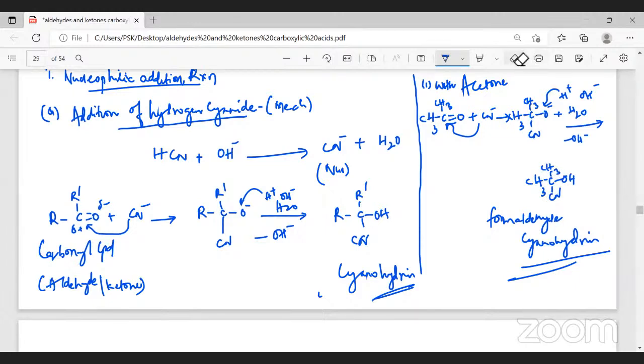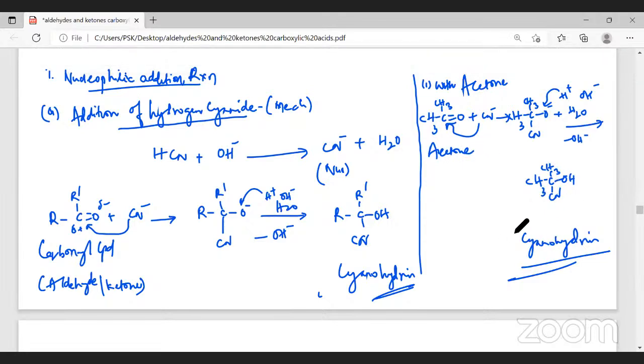This will be called what? Acetone cyanohydrin. Since the parent molecule is acetone, the name of the product formed will be acetone cyanohydrin. Did you follow? Yes, sir. I think addition of hydrogen cyanide you have understood. I've given two examples, the general mechanism we have learned, one with formaldehyde, the other one with acetone.